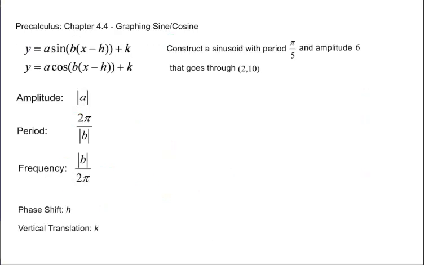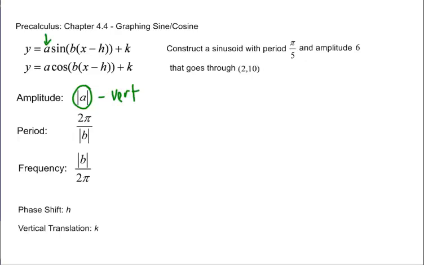Okay, so here are all the things we need to know about sines and cosines and graphing them. They're very similar to all of the previous things we've looked at regarding functions. Notice that I've got an amplitude in the front. What's that amplitude? It's the absolute value of a. This gives me my vertical stretch or shrink. It's all done vertically, outside the function.